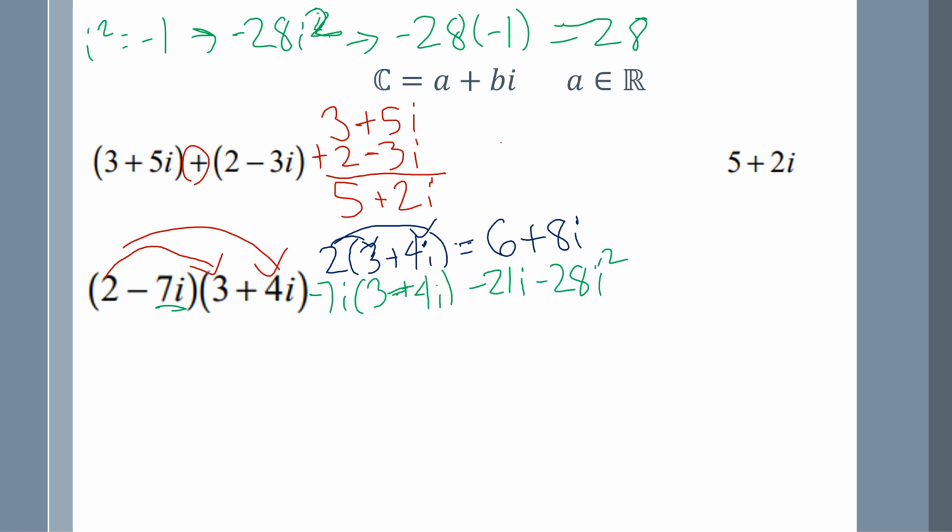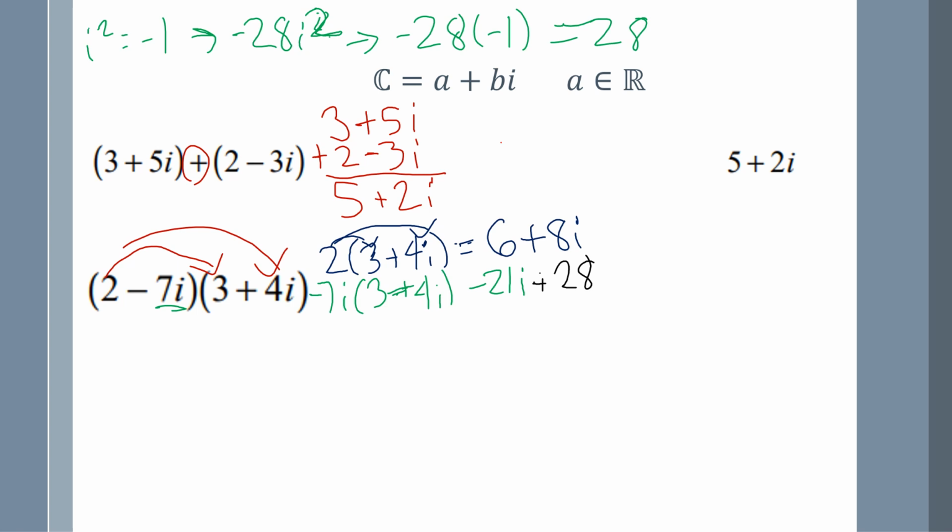Now that negative 28i squared, I could rewrite this. I'm only erasing to let you know that I just rewrote it. You still need to keep the original negative 28i squared, but I'm doing this so I can know for a fact that negative 28i squared becomes positive 28.